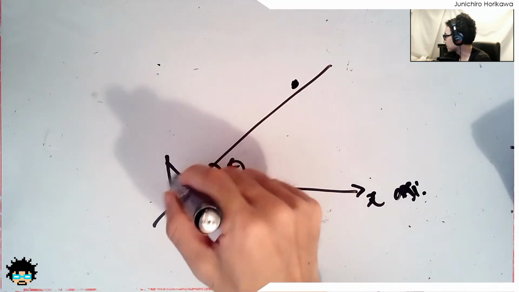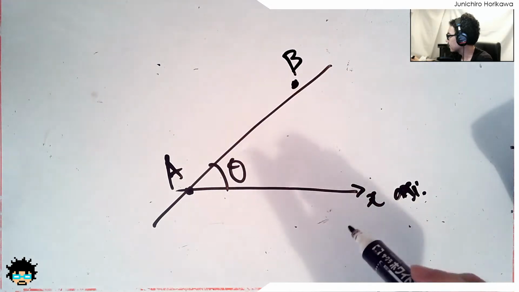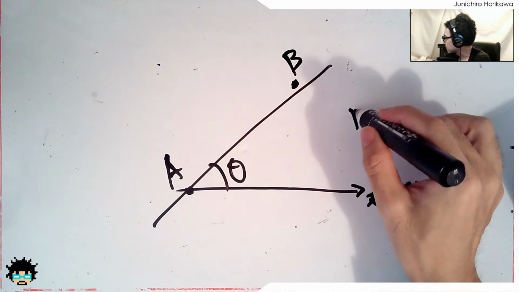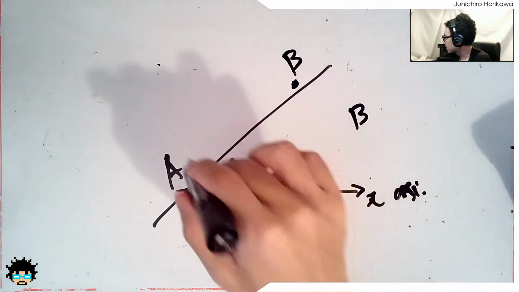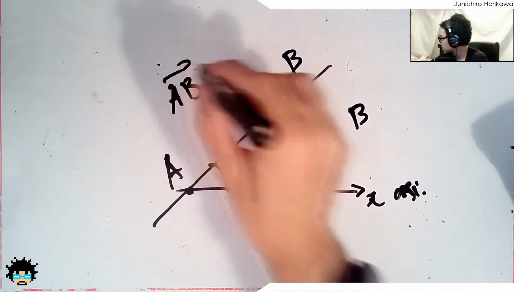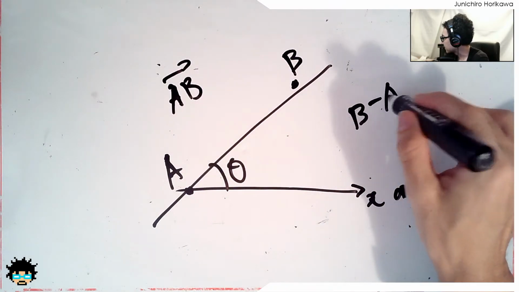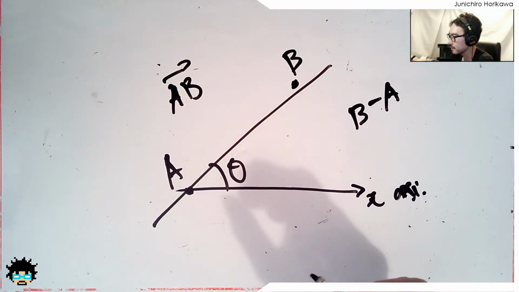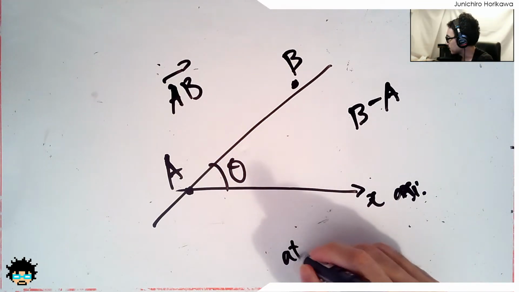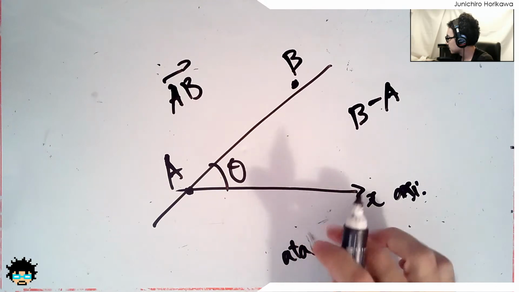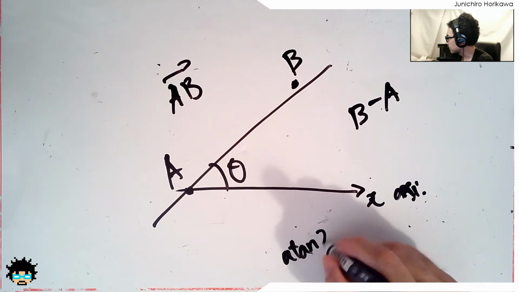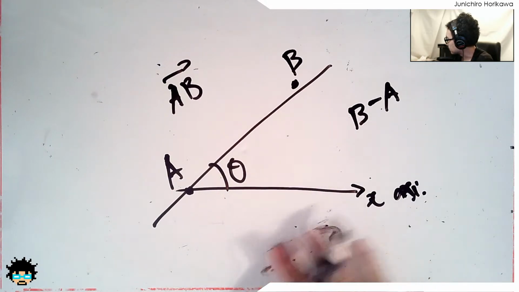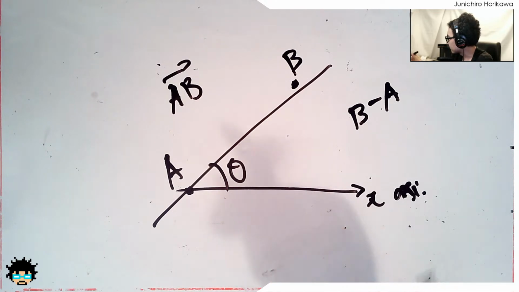Well, if this is vector A and this is vector V, in order to do that, you can first of all create an A to B vector by calculating B minus A, and then you can use a function like atan2, which is often used to retrieve the angle from a vector value.